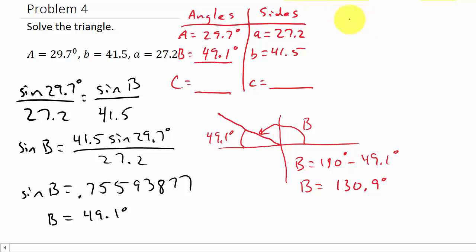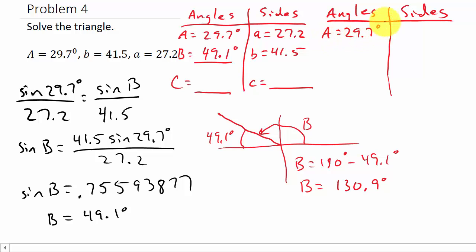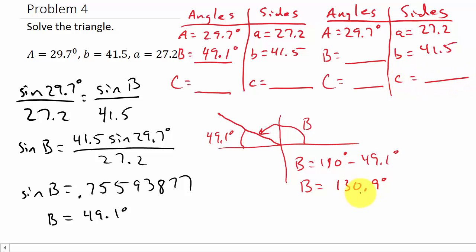If I look at this, angles, sides, angle A is 29.7 degrees, angle B is what we're looking for, angle C, and A is 27.2, B is 41.5, and C we don't know. I'm saying that B is 130.9 degrees.